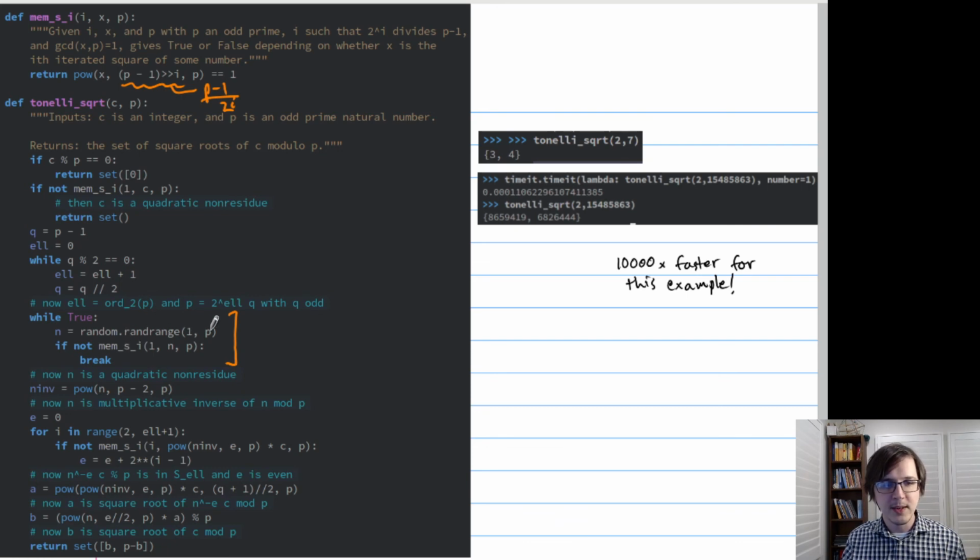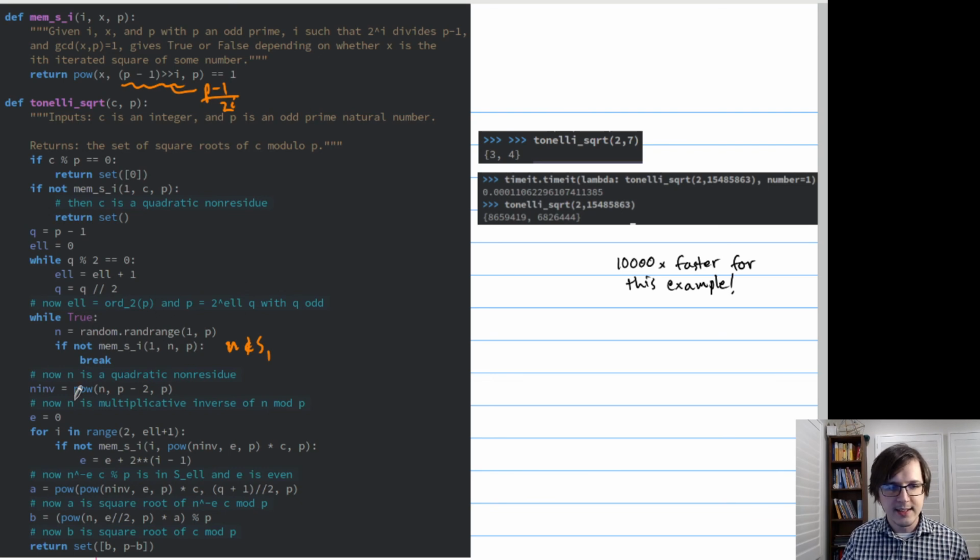It chooses a random number; this could be 2 if we want, but it's not going to be really a measurable difference in speed. So we check whether n is not in S_l. That will, on average, run in 2 iterations.